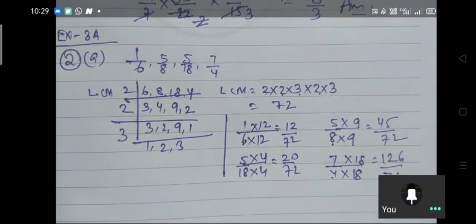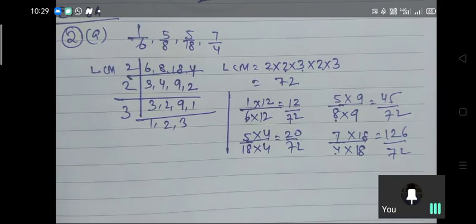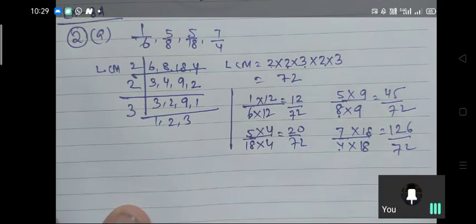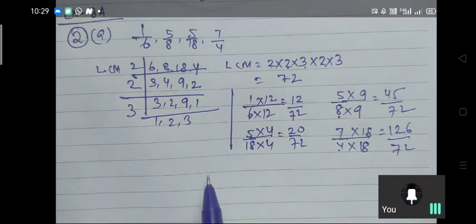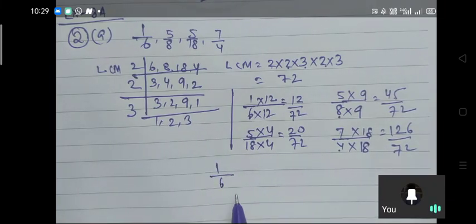Now we have to arrange them in ascending order. Ascending order means lower to greater, smaller to greater value. Which is the smallest? We will say 12 by 72. Its original fraction we will write. So 1 by 6, first of all, we will write.